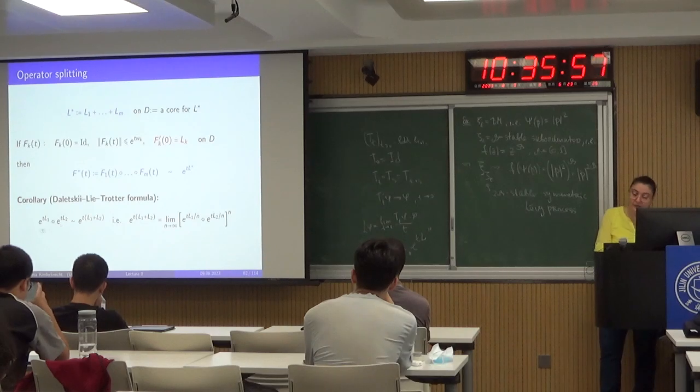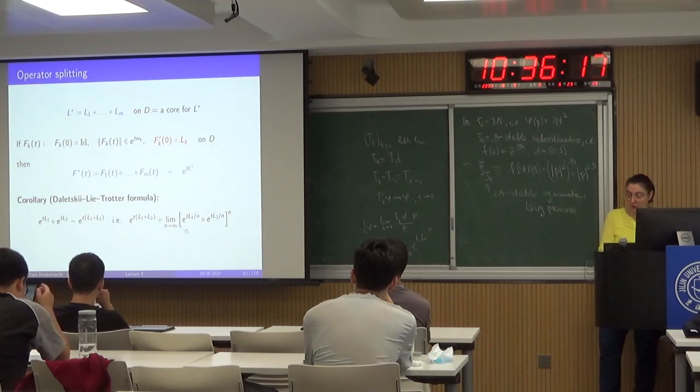The composition of these two operators does not need to be a semigroup. So if L1 and L2 do not commute, this composition is not a semigroup. But it is Chernoff equivalent to the semigroup generated by the sum. This is the Chernoff approximation.